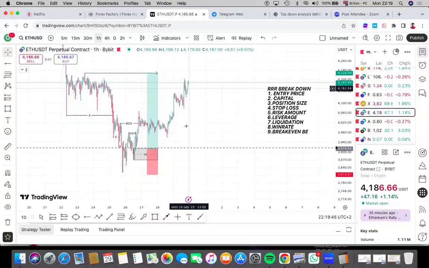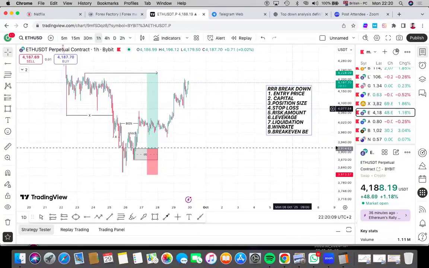So in the example I made for you with the $100 capital, if I'm risking $10 per trade, the formula is risk amount divided by distance to stop loss, which equals the position size. In this case, that would be 38.